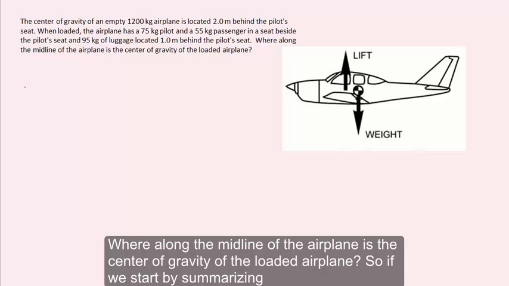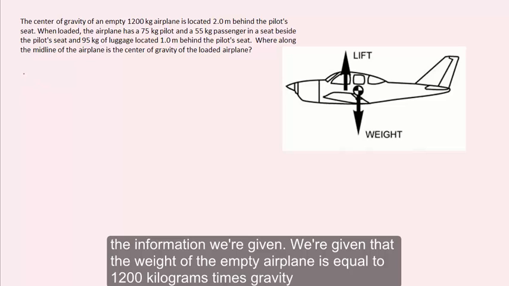So if we start by summarizing the information we're given, the weight of the empty airplane is equal to 1,200 kilograms times gravity.